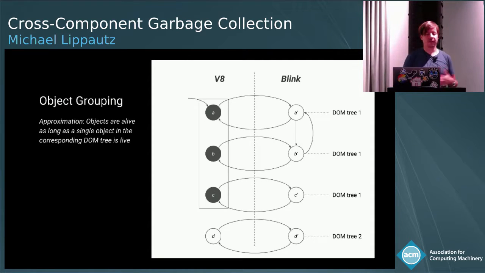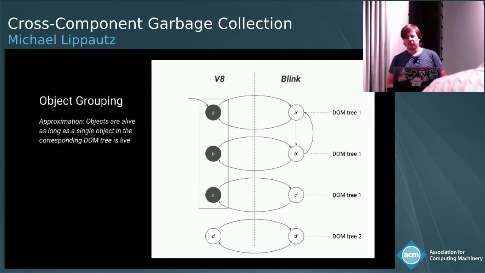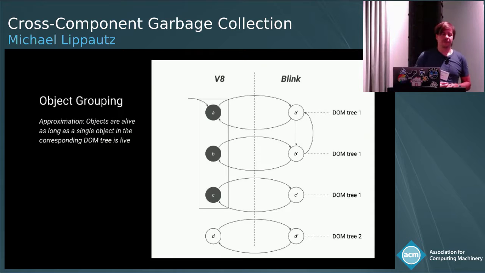What you can then do is an approximation. Objects on the V8 side are alive as long as a single object in the corresponding DOM tree is alive, which is fine for objects A and B and their corresponding counterparts A prime and B prime, which is not fine if you look really closely.